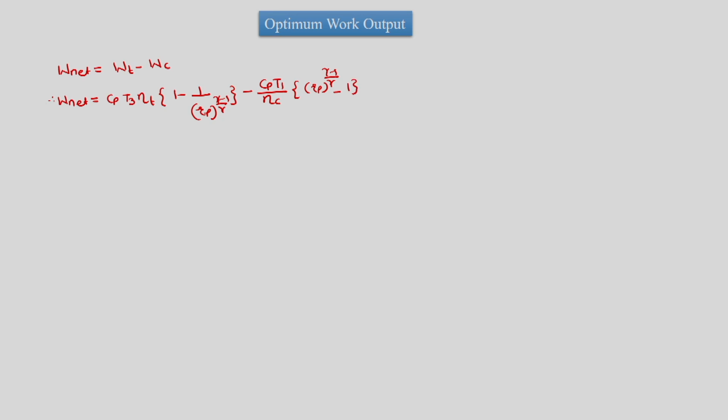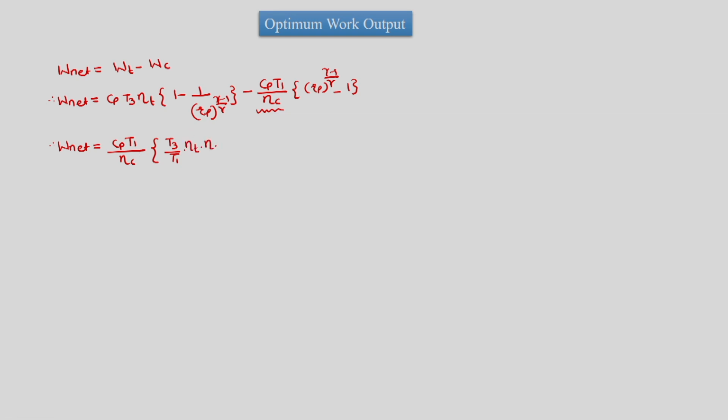So let us take Cp T1 upon eta c common from the complete expression. Then W net is equal to Cp T1 upon eta c into, then we have Cp common, but then it becomes T3 by T1 into eta t as it is.